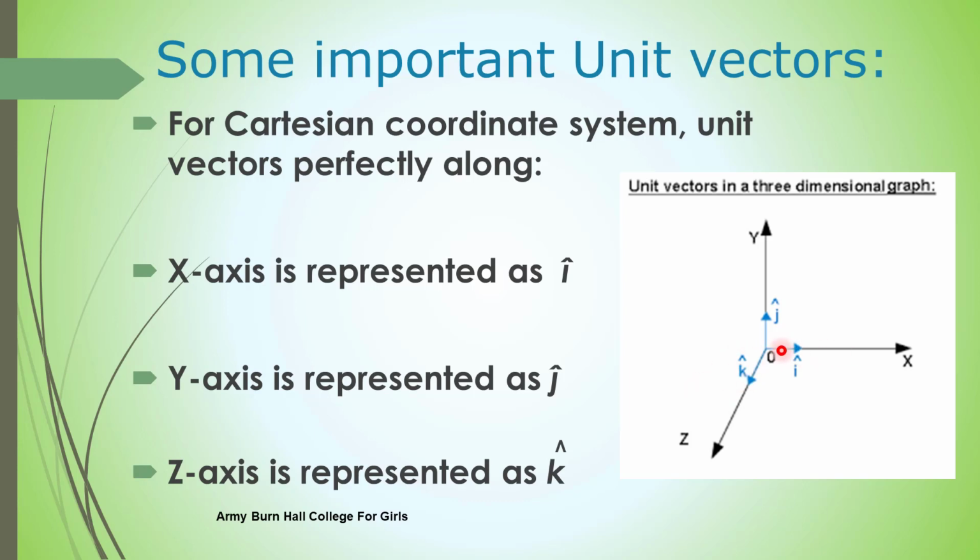So if we have a vector A equal to 3i hat, we know it is 3 units along the x-axis. And if we have a vector equal to -5j hat, it is 5 units along the negative y-axis.